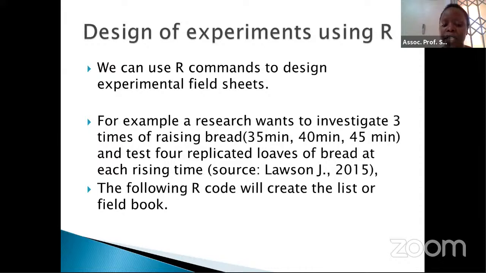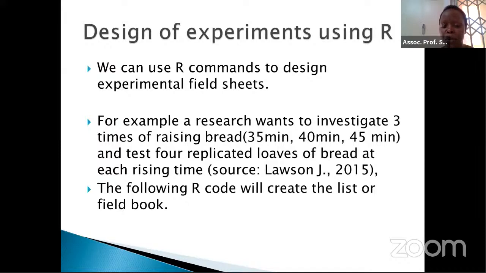So this researcher used a complete randomized design because we are not mentioning blocks here. He assumed that all the ovens had the same variability. We could control the background information. That's why they chose a complete randomized design.